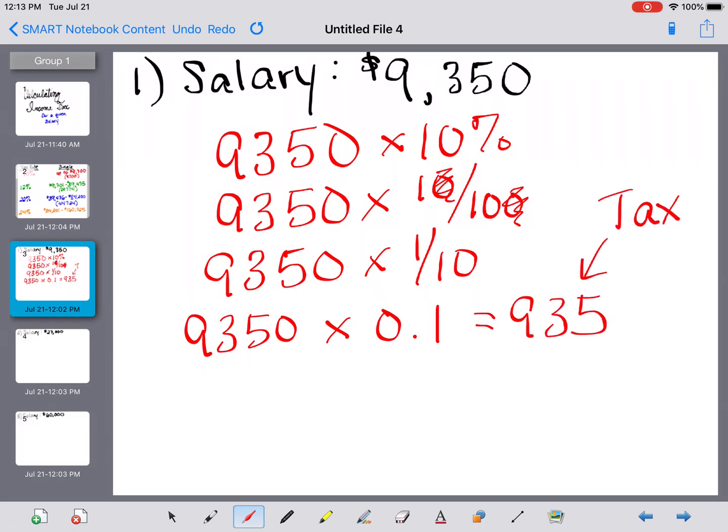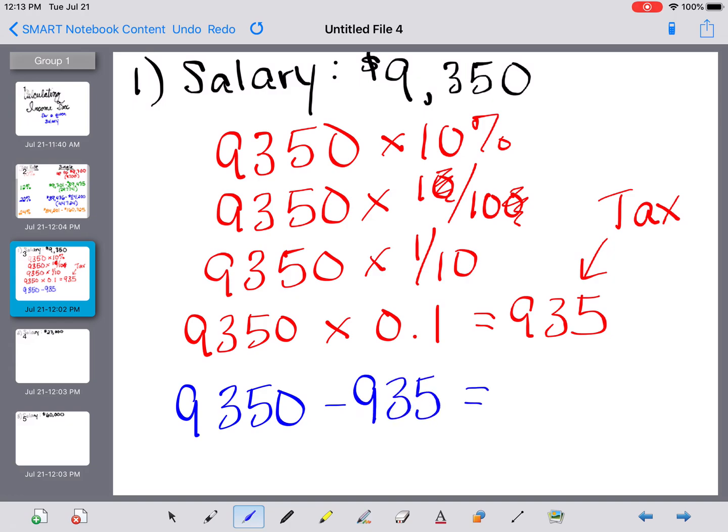So in order to find out how much we have left after tax, we have to do subtraction. So I'm going to take my original amount of money, $9,350, and I'm going to subtract my tax, $935, to find out that I get to keep $8,415.